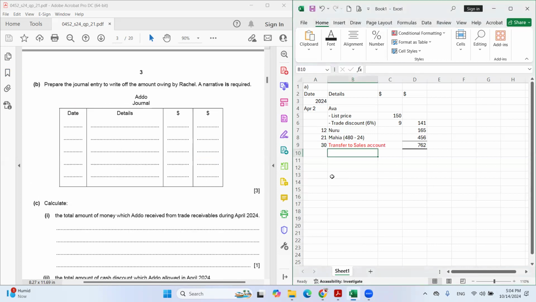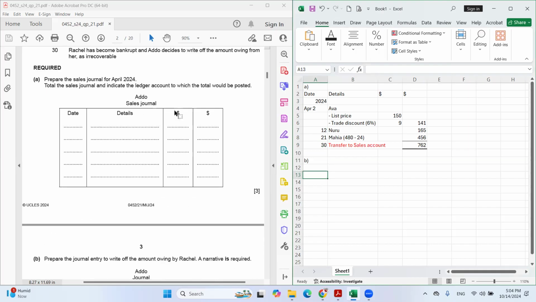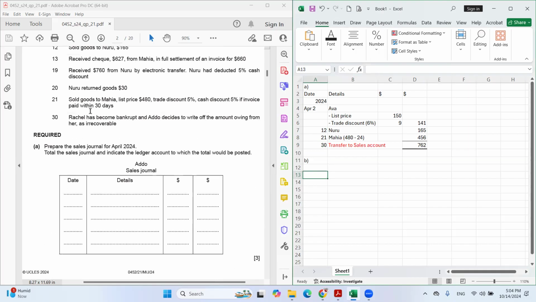Next one. B. Prepare the journal entry to write off the amount owed by Rachel. A narrative is required. So let's see B. B actually refers to the last entry mentioned, that Rachel becomes bankrupt. So how are we going to write the irrecoverable debt?